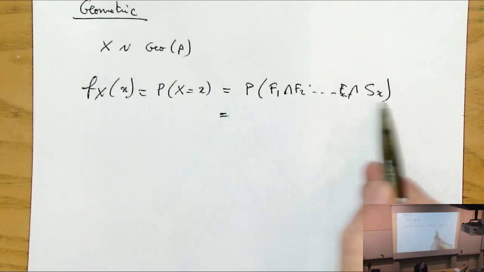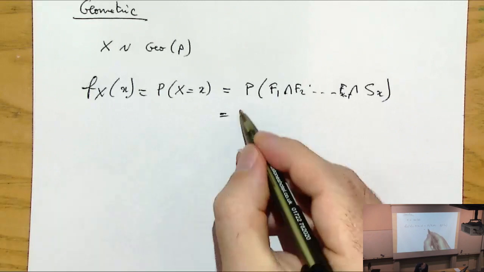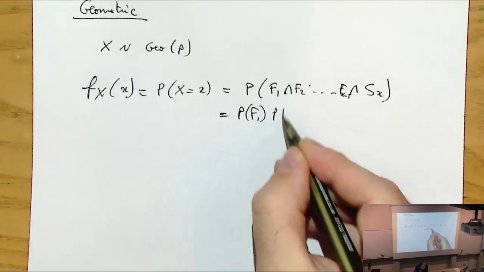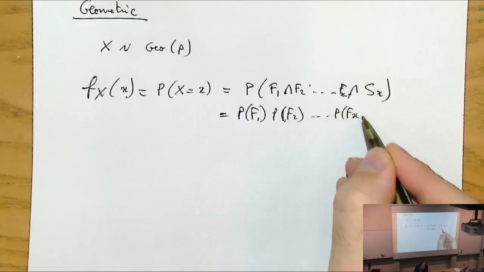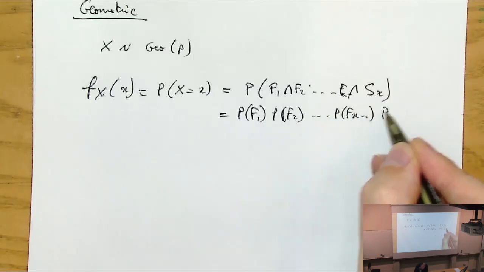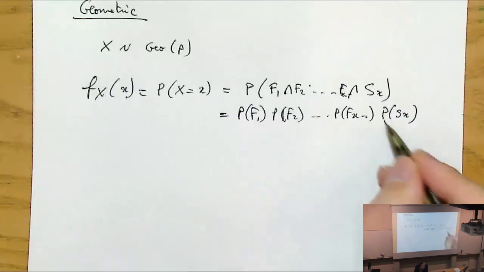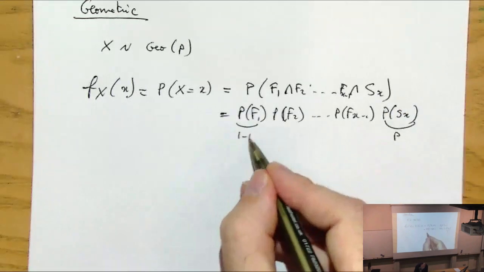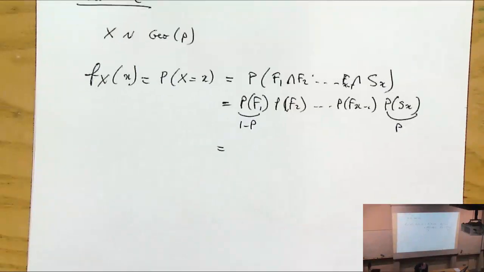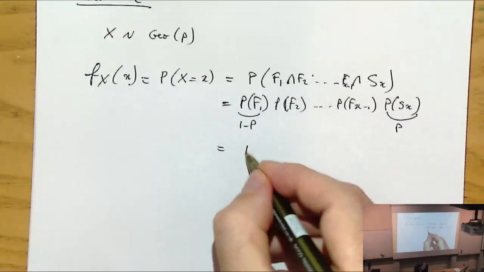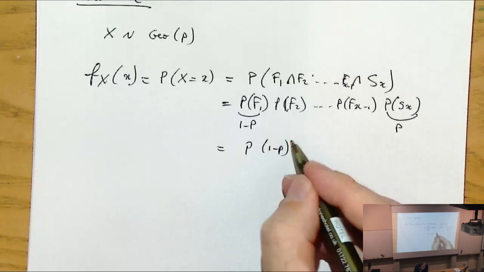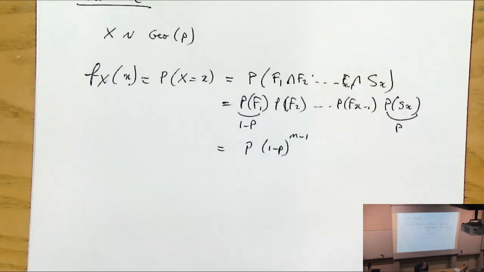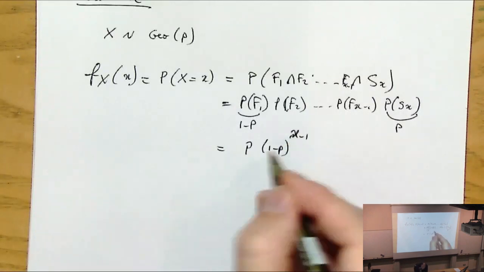So what I can do is this is the probability of F1 multiplied by probability of F2 all the way to probability of F(x minus 1) multiplied by probability of S(x). This is p. This is 1 minus p. And so what you get here is p multiplied by (1 minus p) to the power x minus 1.